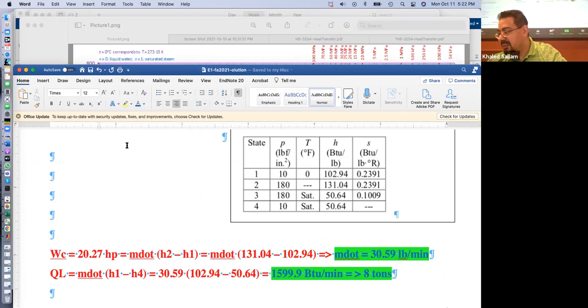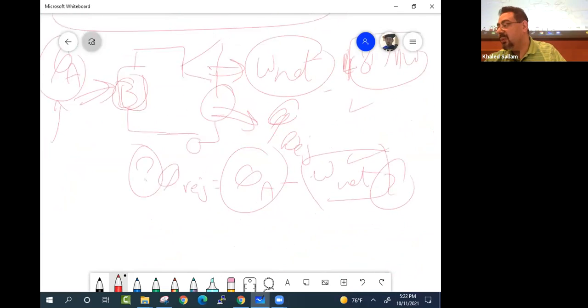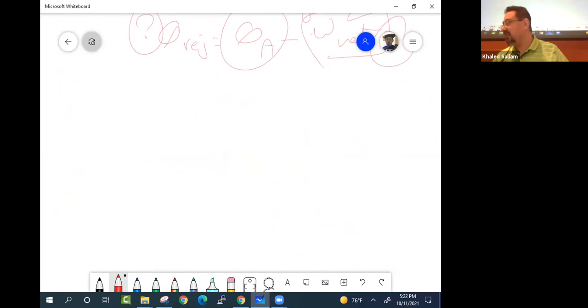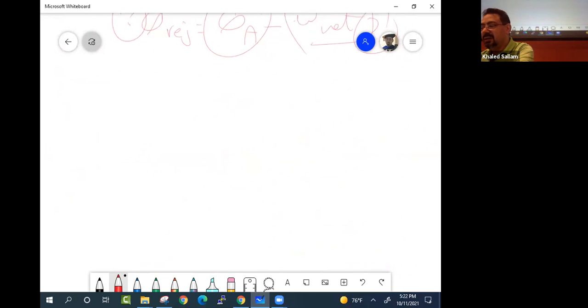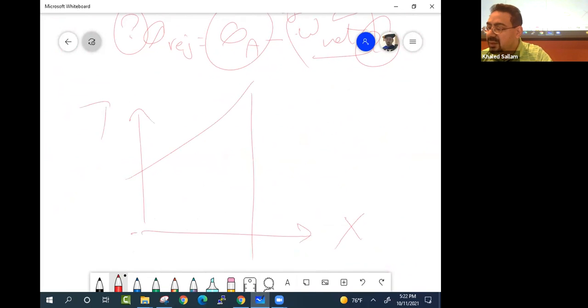Okay, enough homework and exams and stuff, and let's move to designing heat exchangers. We have a new project that is due in 2 weeks. So let's talk about this. When I'm plotting the heat exchanger temperature, I usually plot against x, where x would be the distance along the heat exchanger.